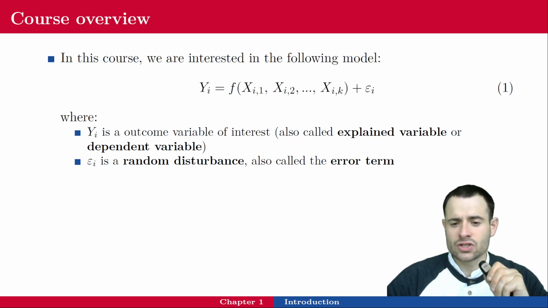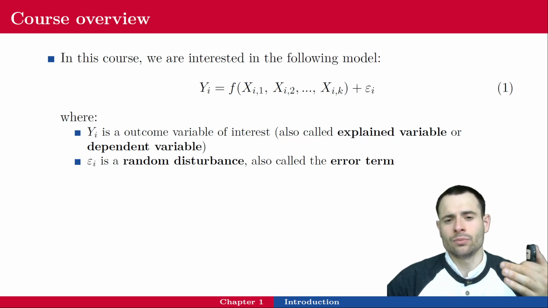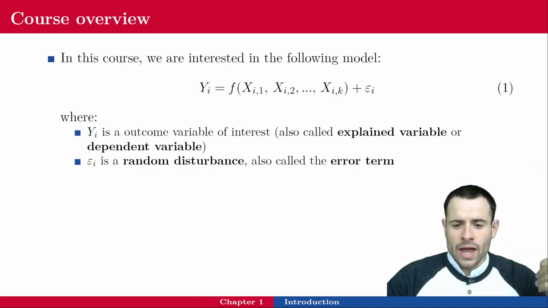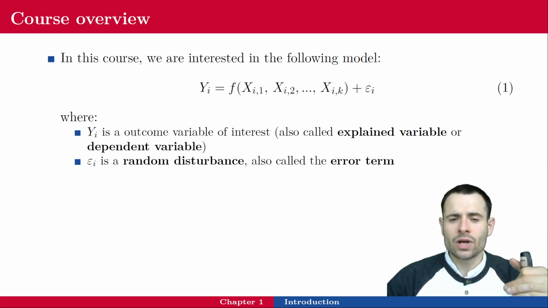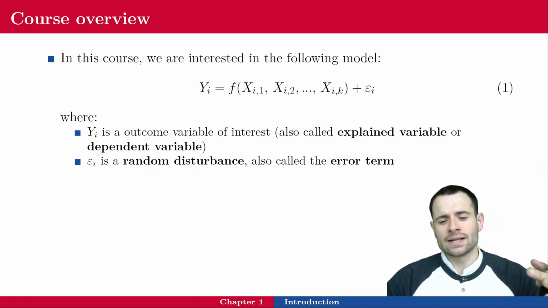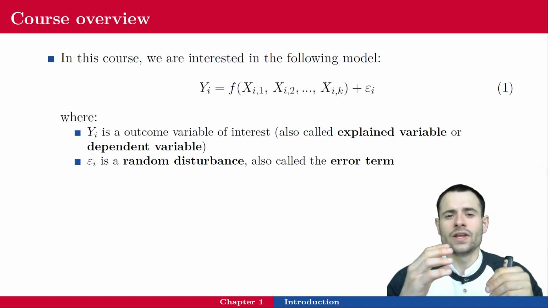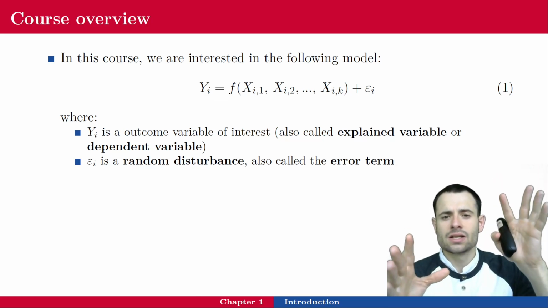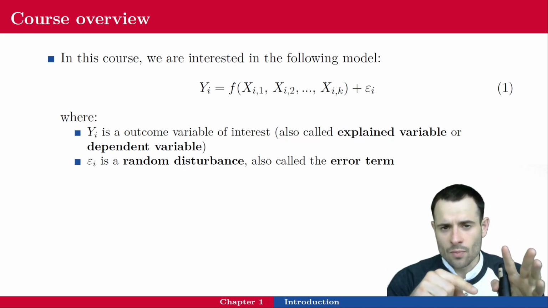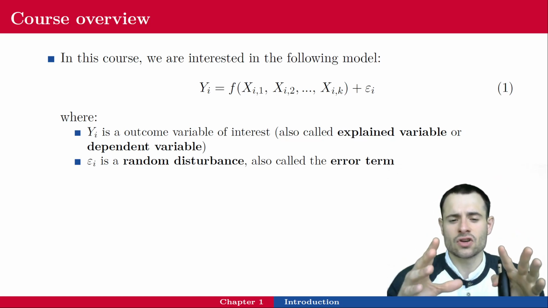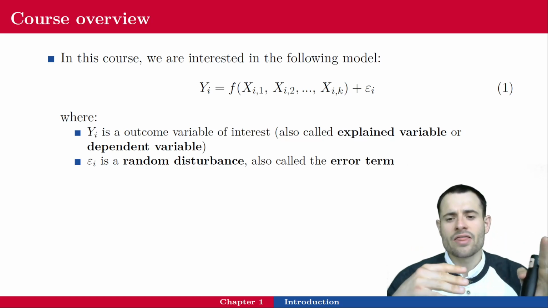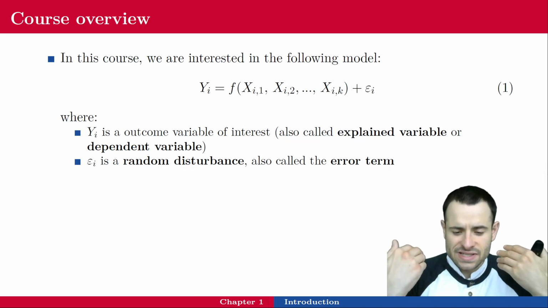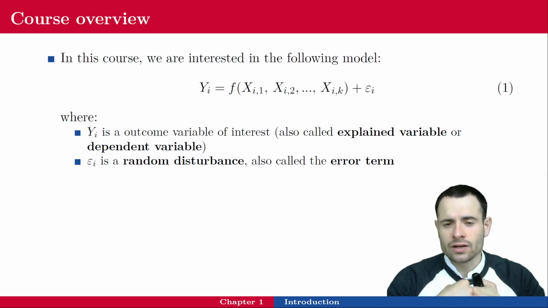Epsilon i is a random disturbance, also called the error term. Again, there are different ways to call the same term because here we are at the intersection of econometrics, statistics, and computing science. The machine learning aspect here is at the intersection of those three different fields that each have a specific jargon for all these terms.